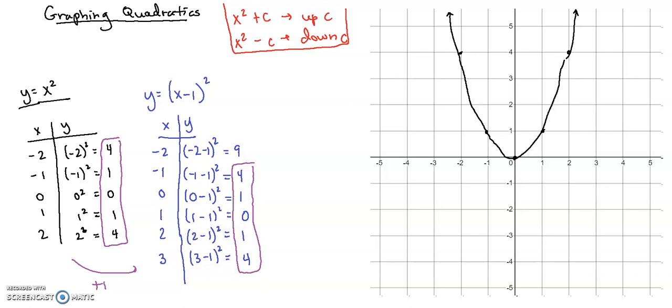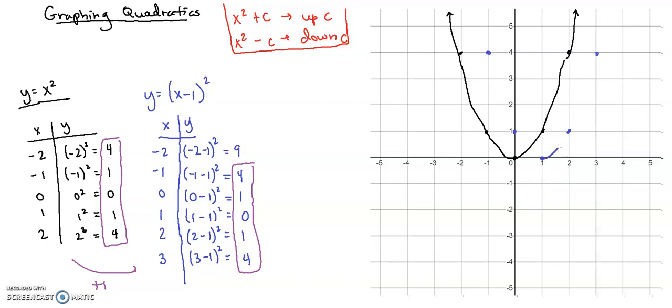Think about what that's going to do to it. Let's see. So negative 2, 9 is going to be off the graph. Negative 1, 4. 0, 1. 1, 0. 2, 1. 3, 4. If you look, adding 1 to all of our x values shifted us to the right by 1.